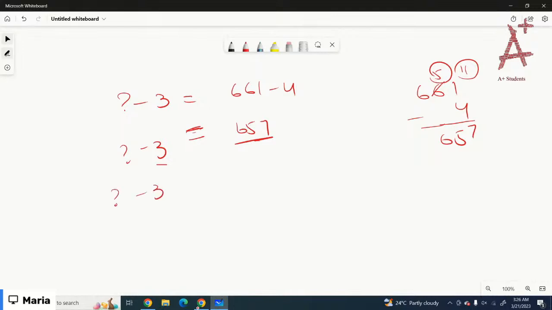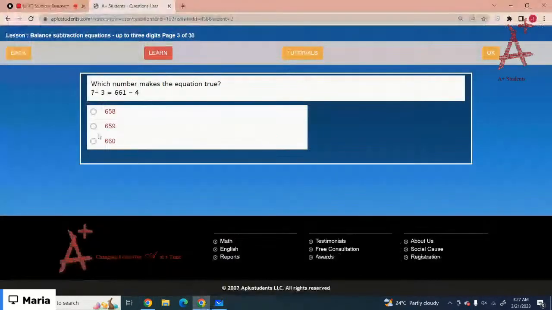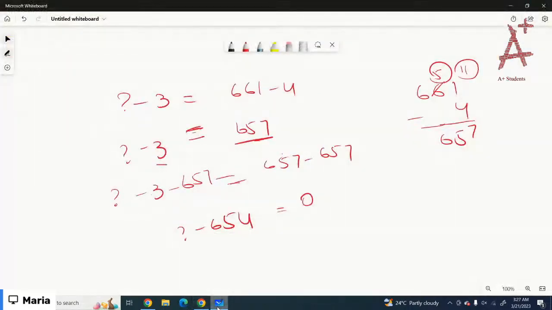So that means you have to add 3 to 657 on the other side, 657 plus 3 is 660.